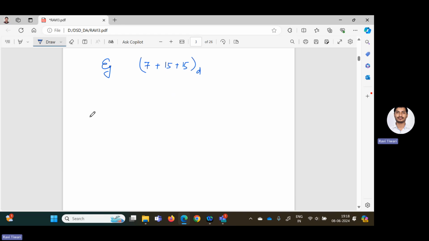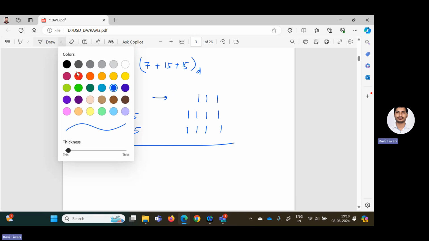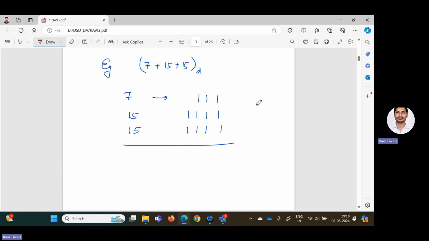So 7 will be represented as 1, 1, 1. Another number is 15: 1, 1, 1, 1. Another number is again 15: 1, 1, 1, 1. Now you see how we are adding it.